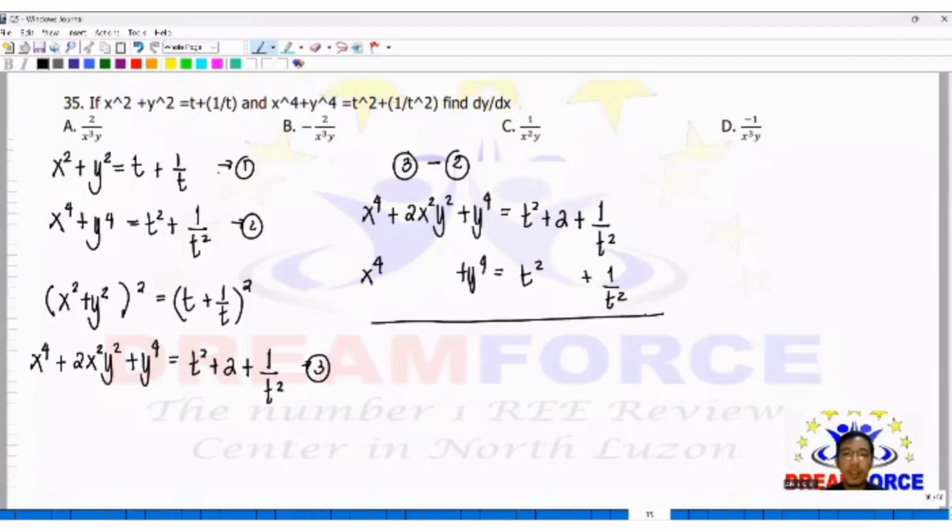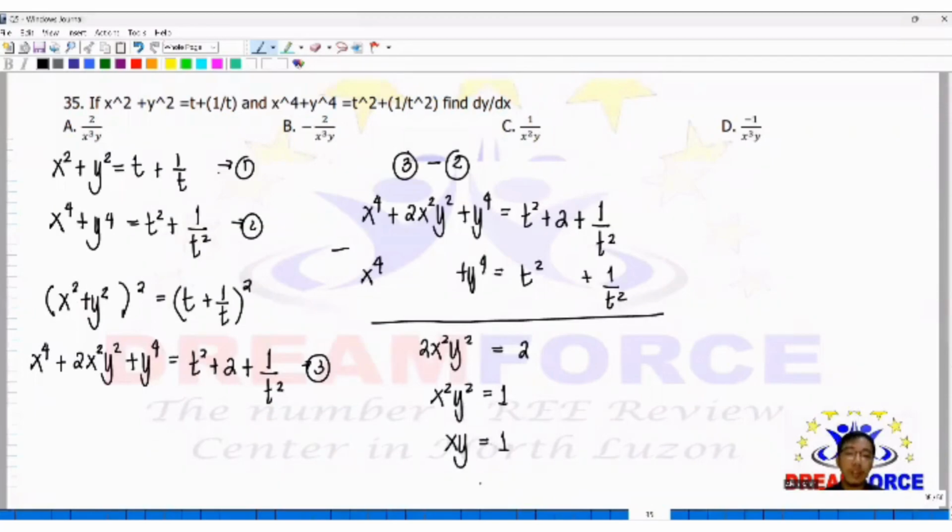So, pag sinubtract natin yan, magka-cancel na to. So, ito yung matitira. 2x squared y squared, that is equal to 2. Tama? So, giving us x squared y squared is equal to 1. Square root natin both sides. So, xy is equal to 1.